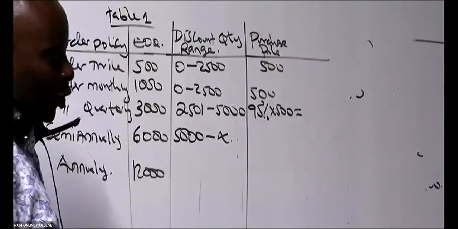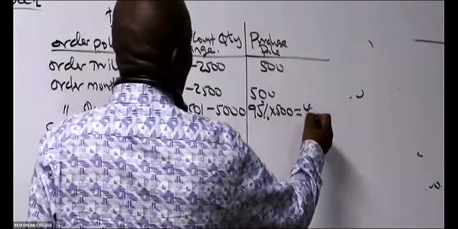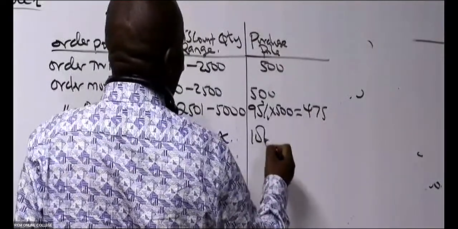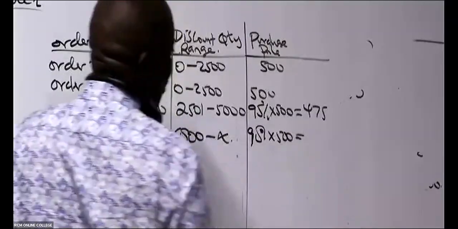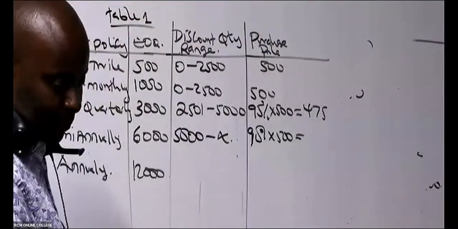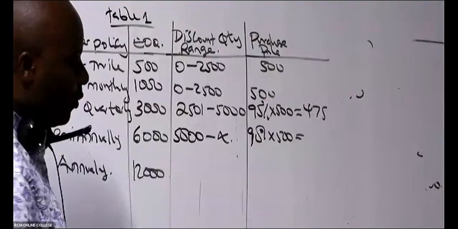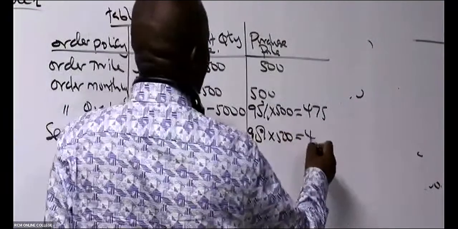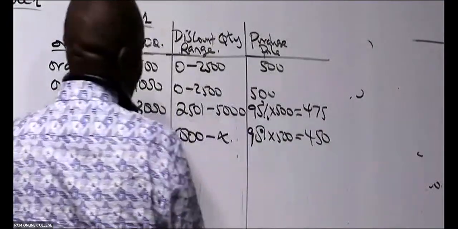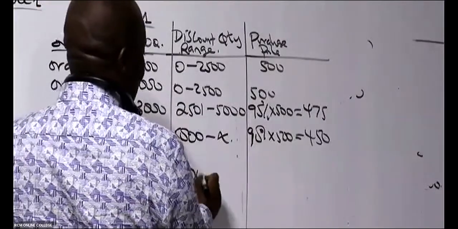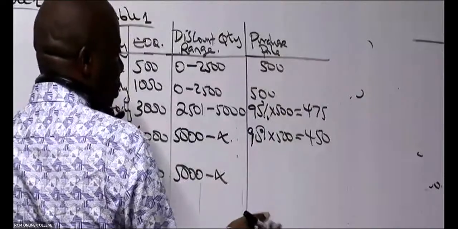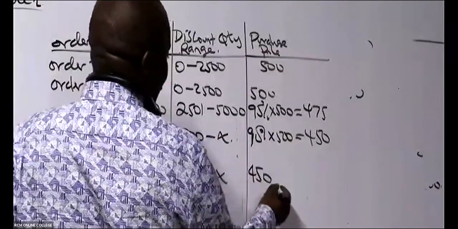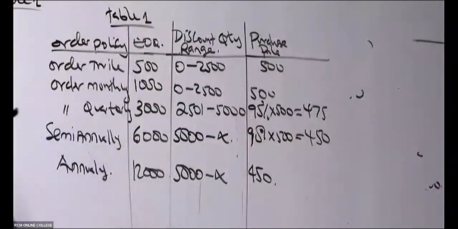So it will be 90% of 500, which gave you guys what amount? 450. Thank you so much, Maggie. And then, of course, you can see these will still fall in this class of 5,000 to infinity and above. So the 450 will apply there.